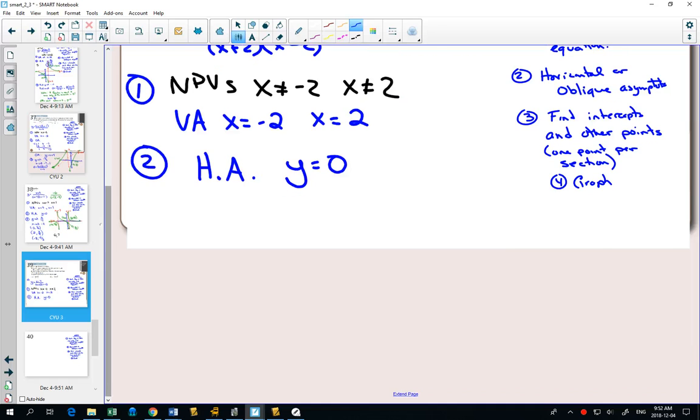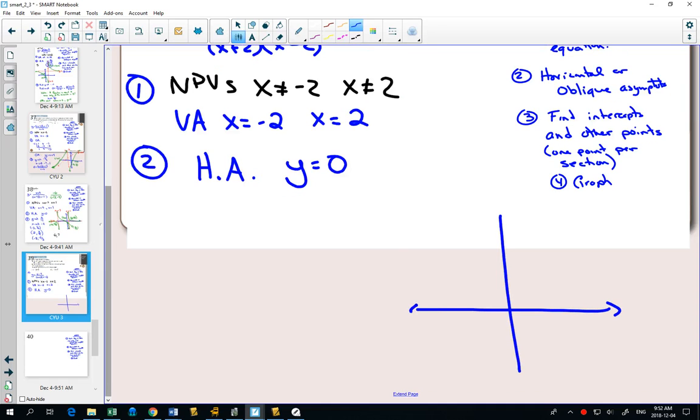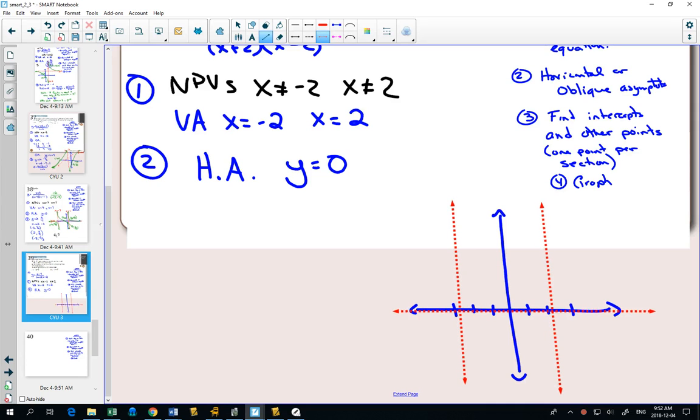So we can start our sketch. Add our asymptotes: x equals negative 2, x equals positive 2, y equals 0.